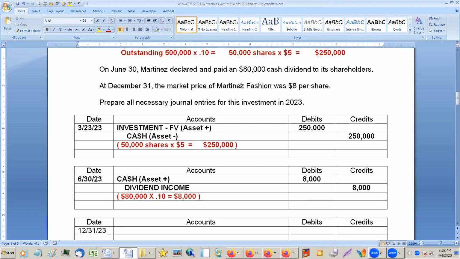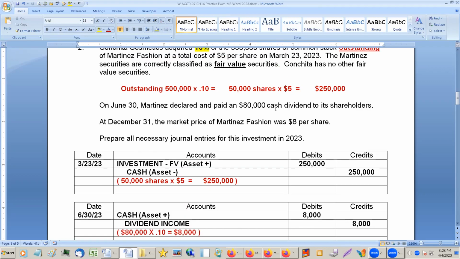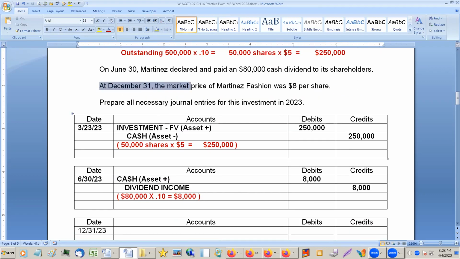On December 31st, the market price of Martinez Fashion was $8 per share. Okay, well, now notice we did not sell it on December 31st.